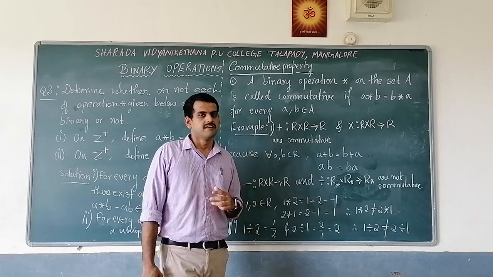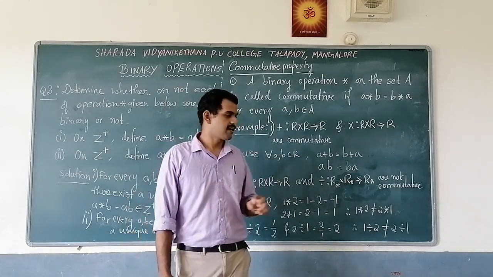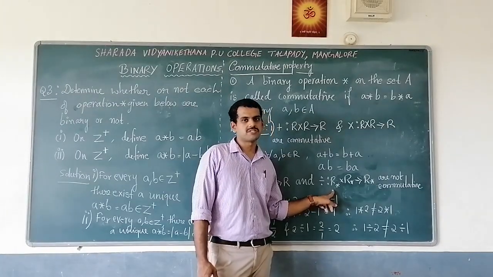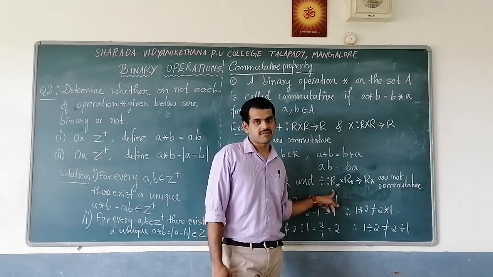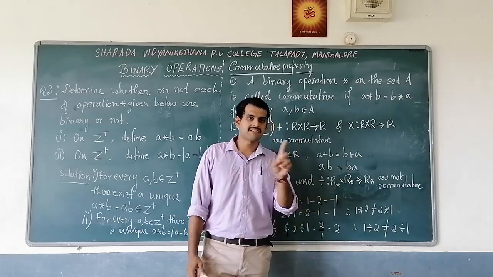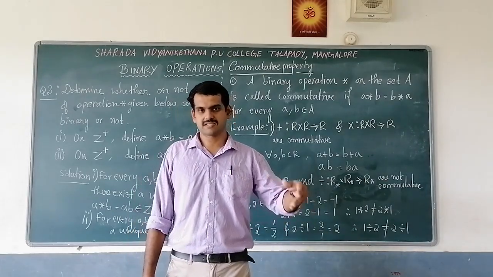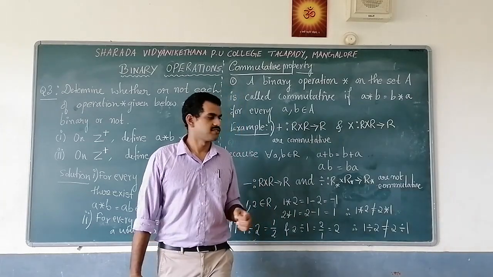So what we will do is exclude 0 from the real number system and denote it by R star. Suppose R star denotes the set of all real numbers except 0, then definitely division becomes a binary operation on it.